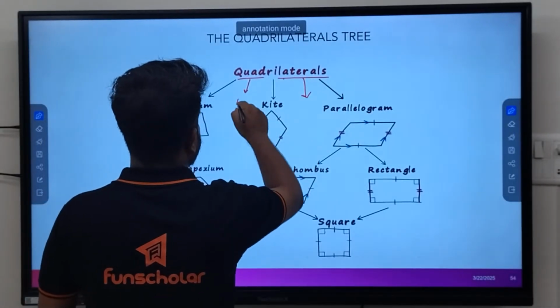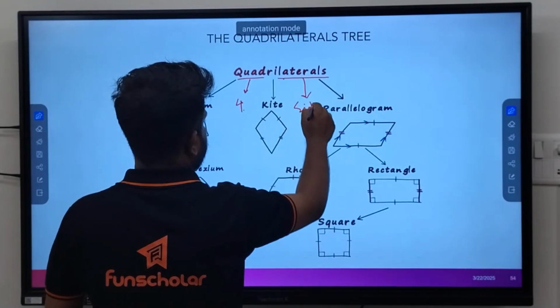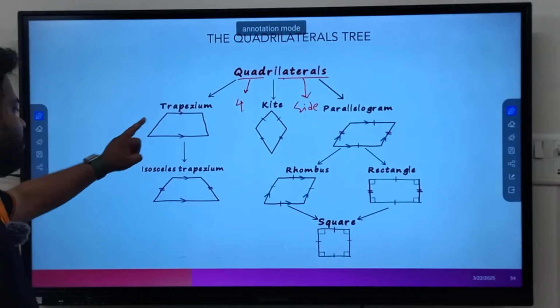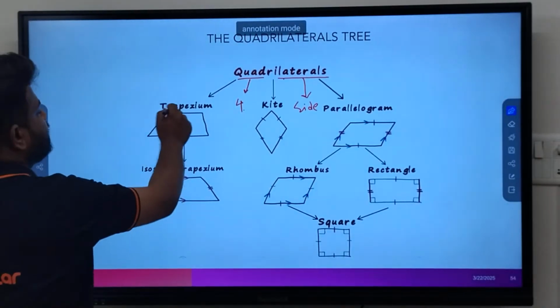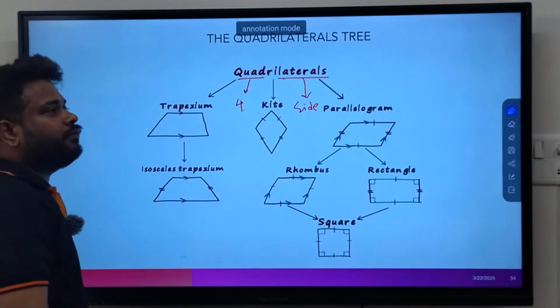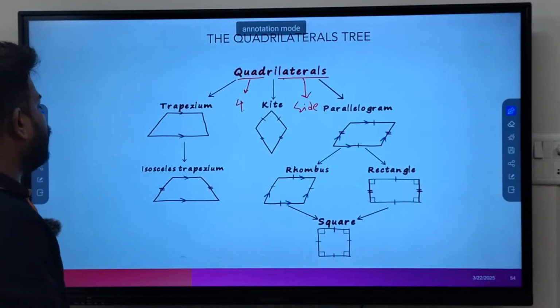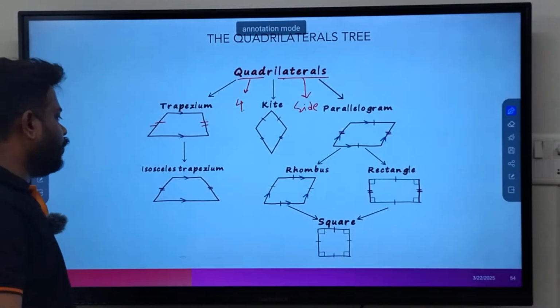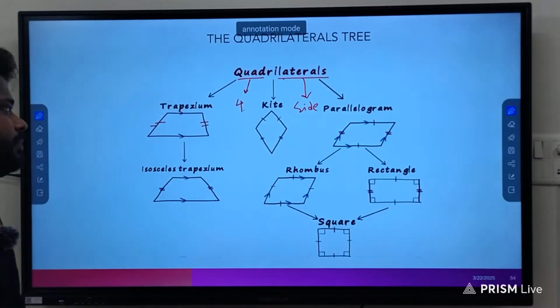They all have 4 sides, but talking about the trapezium, the trapezium has only one pair of parallel lines, and when we make these 2 sides equal, it becomes an isosceles trapezium.